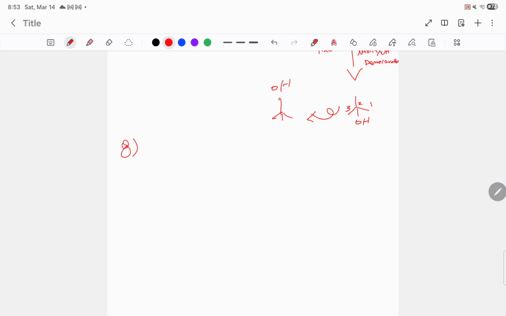I have one more way for you to make an alcohol on its own, okay? One more way. And this is an interesting one, because unlike the other two ways that I have shown you, this one is stereospecific, okay?